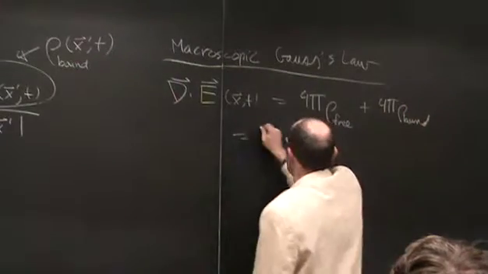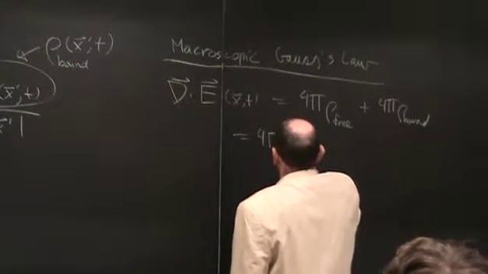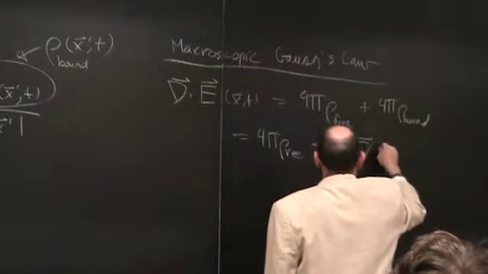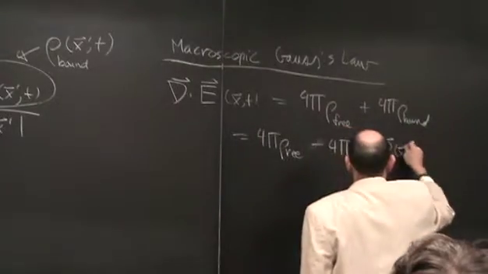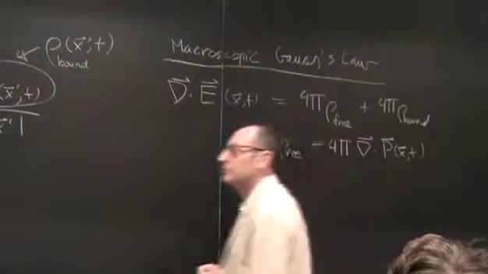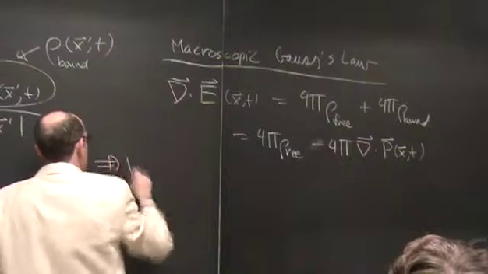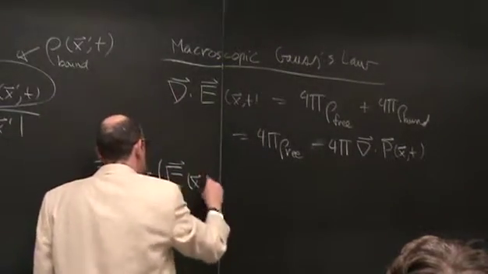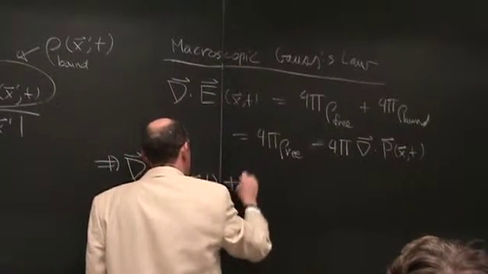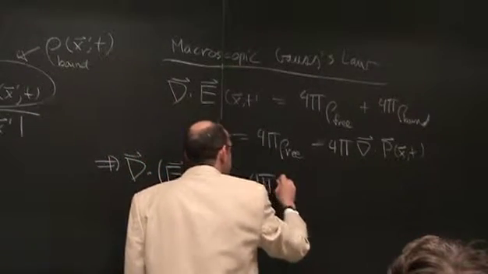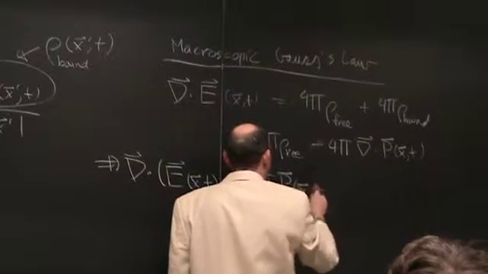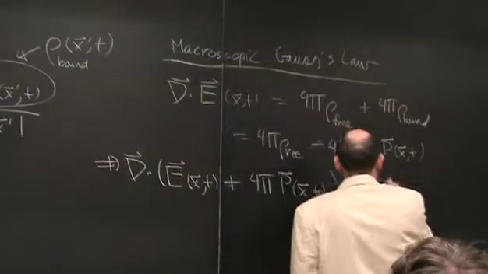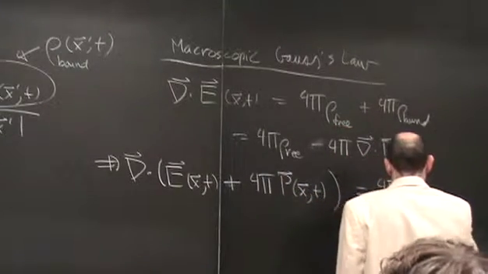But the bound charge was equal to minus the divergence of the polarization. And thus, the combination E plus, and these lovely units, 4 pi P, is equal to 4 pi rho free.